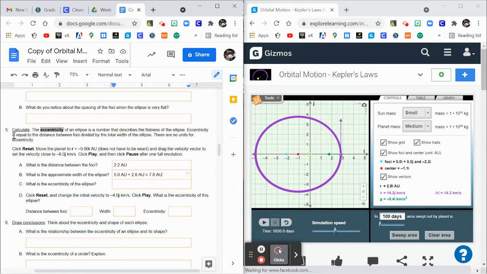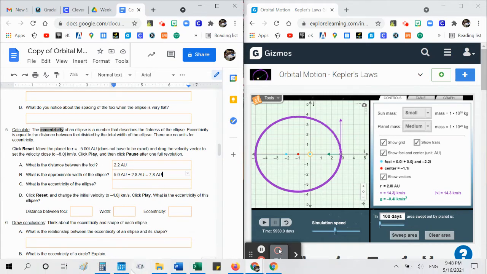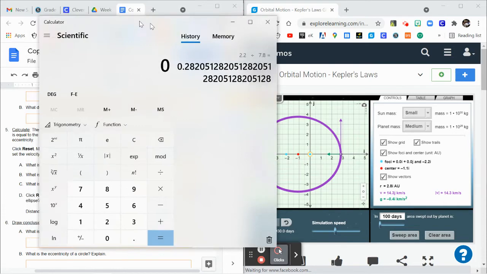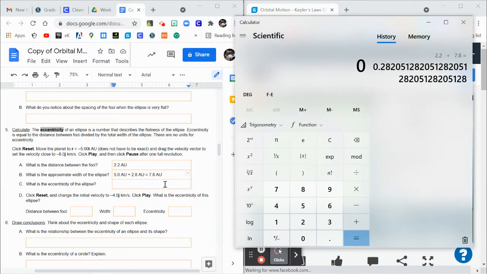And so now, what is the eccentricity of the ellipse? The eccentricity of the ellipse is equal to the distance between the foci divided by the total width of the ellipse. So I grab my calculator. And I say that it's distance between the foci divided by the total width.